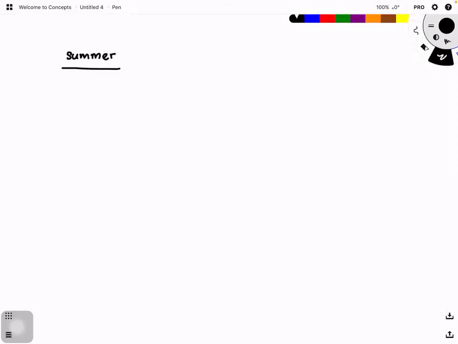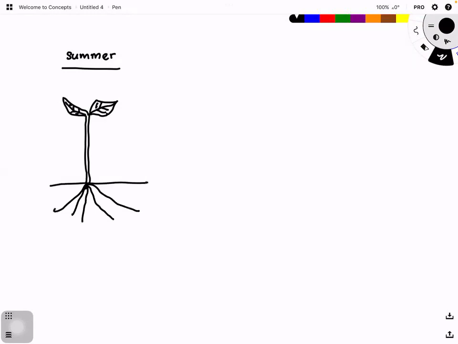During summer, you have the potato plant with the leaf. Then we have the soil and the underground stem. If you look at the leaf, it carries out photosynthesis and produces sucrose, for example, or assimilate.